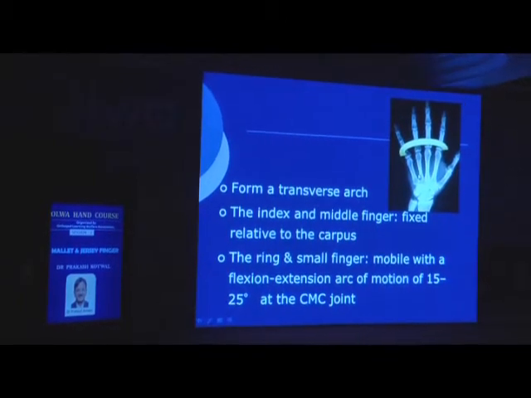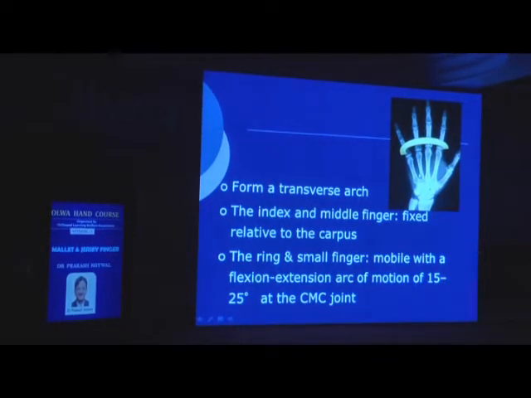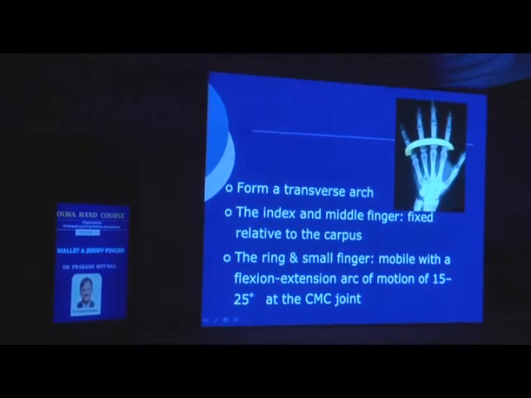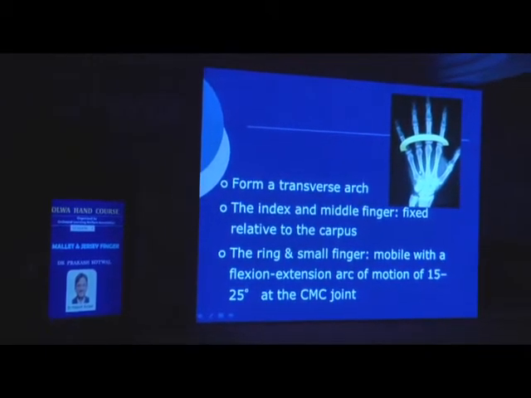There is an interesting observation here that the ring and small finger metacarpals are mobile. So when you make a fist, the fifth and the fourth metacarpal have a movement at the CMC joint. That is why it gives more strength to the fist. Whereas the index and middle metacarpals are relatively fixed. They do not have any movement.